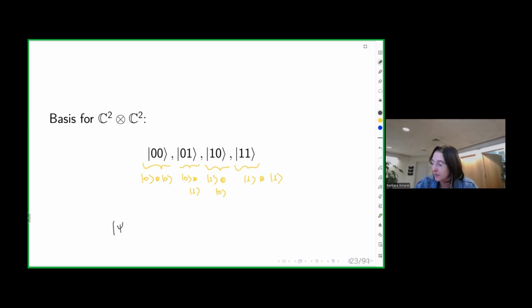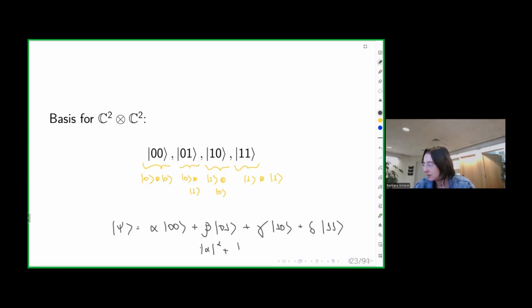So a state of two qubits will be something like this, with the normalization condition. Okay. My memory is horrible.